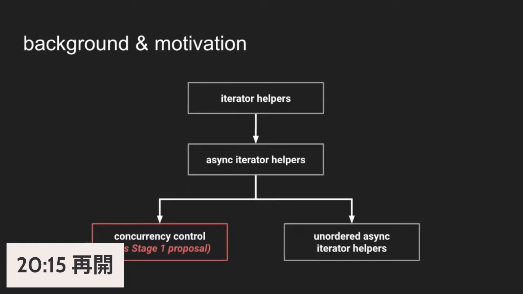So for helpers that consume the iterator, like sum and every and toArray, they had no way to tell it how much concurrency to use. And that's where this proposal is. So this is a split from async iterator helpers to allow you to specify how to consume an iterator concurrently. So that's the background.